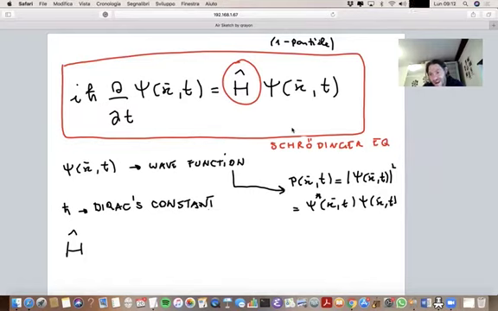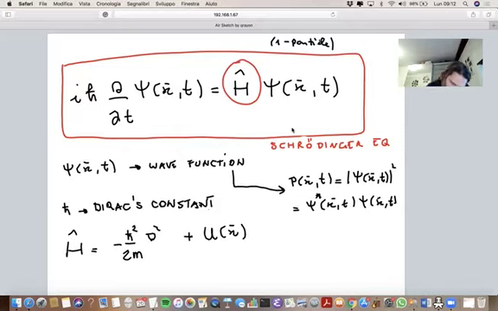I'm going to tell you why in just a second. But let me first define this guy. This is going to be negative h bar squared over 2 mass of the particle, in 3 dimensions, I have a Laplacian, and then I have my potential as a function of x.